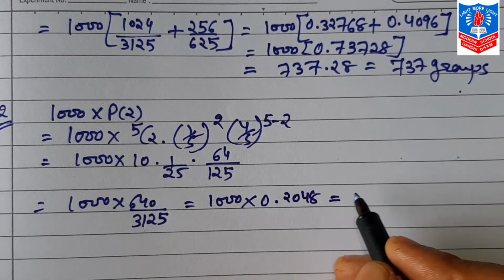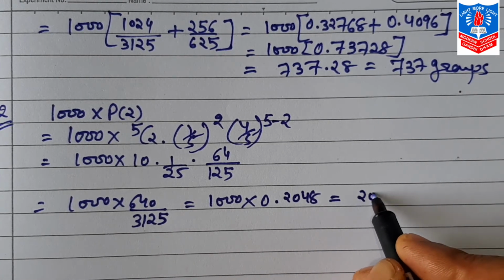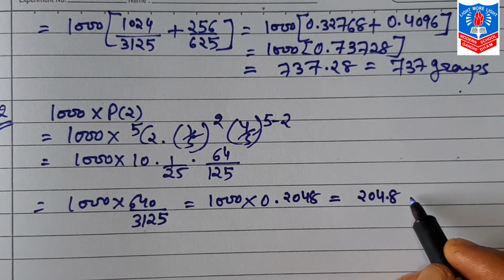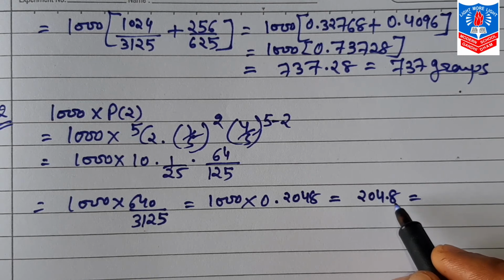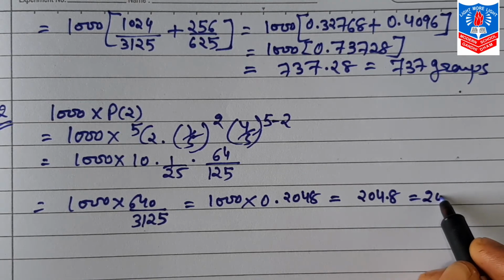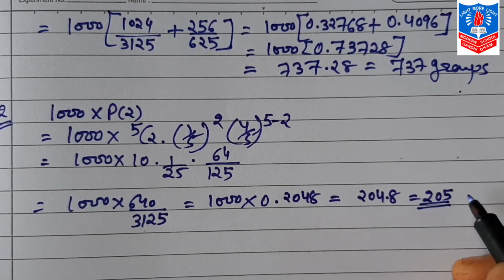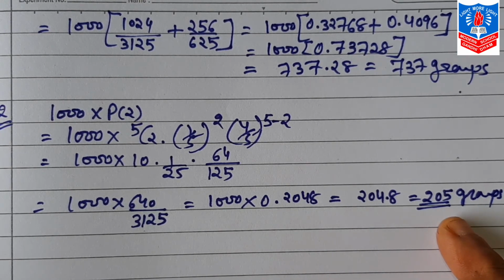Which will be 1000 into 0.2048. When you multiply this by 1000, we get 204.8. Here the value 204.8 is greater than 0.5 after the decimal, so this can be converted into a round figure, that is 205. So in 205 groups, we can say that two housewives can identify the difference between two brands of the butter.